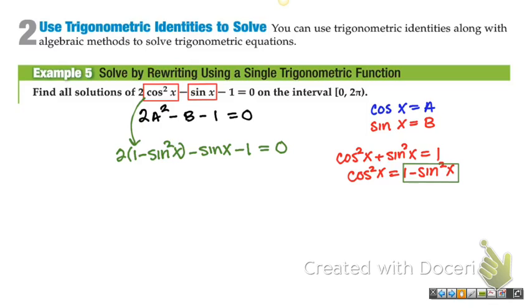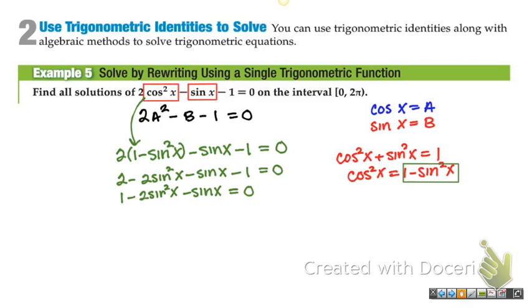And just like that, my equation now only has sines in it. So I have to simplify this a little bit. So this is 2 minus 2 sine squared x minus sine x minus 1 equals 0. Almost done simplifying. This is 1 minus 2 sine squared x minus sine x equals 0.